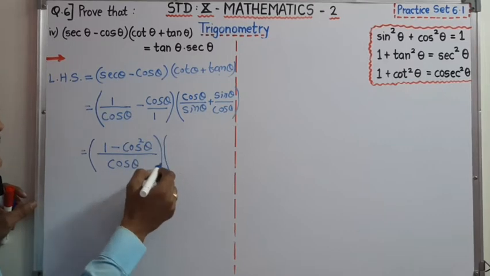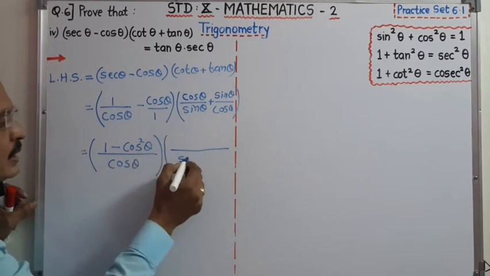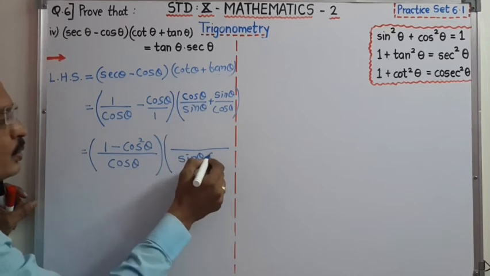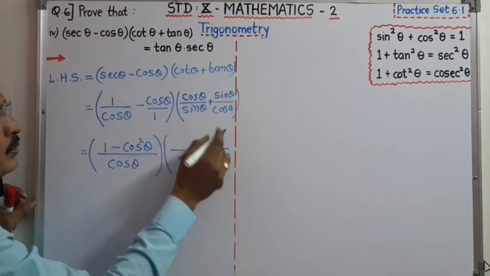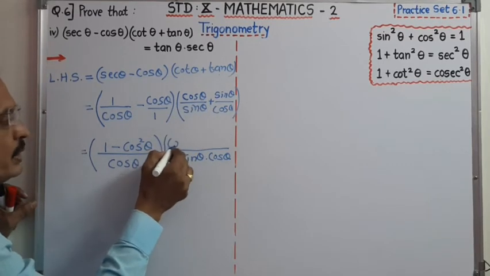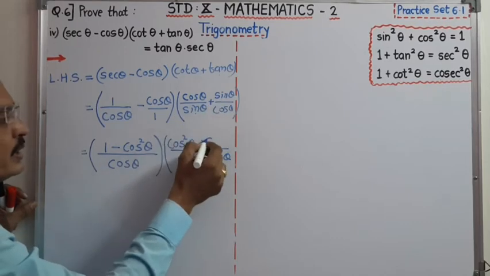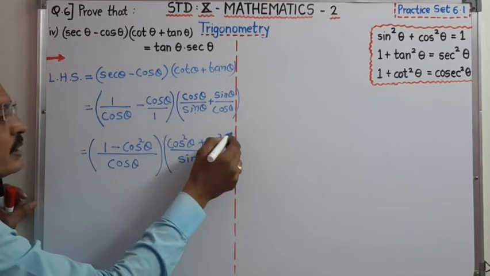Then dear students, see here. Here also we have to multiply this sin theta into cos theta. Then cos theta into cos theta, it will be cos square theta, plus sin theta into sin theta, it is sin square theta.